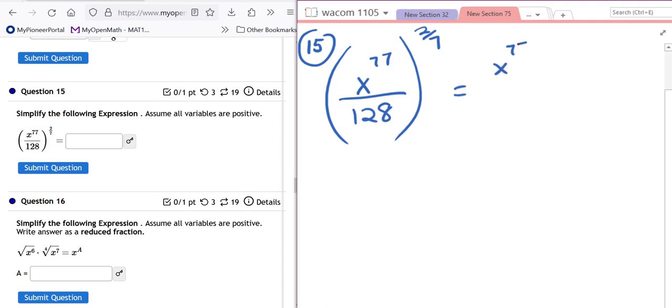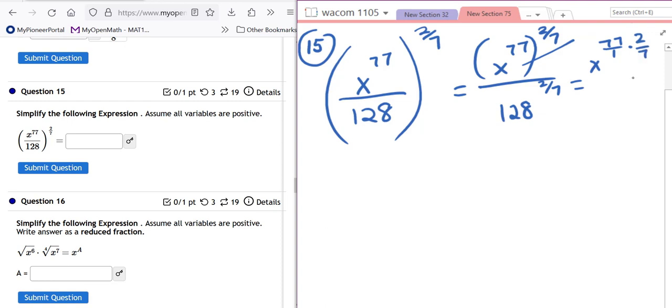So this will be x to the 77th to the 2/7, and this will be 128 to the 2/7, which we might be able to work on. This one is a power to a power, so you're going to keep the base and multiply. So that is 77/1 times 2/7. Your 7 will go into 77 11 times. So 11 times 2 is 22. So we have x to the 22 over 128 to the 2/7.